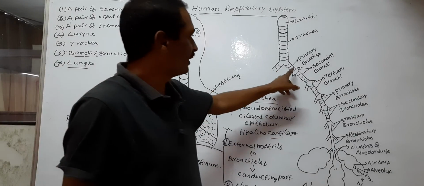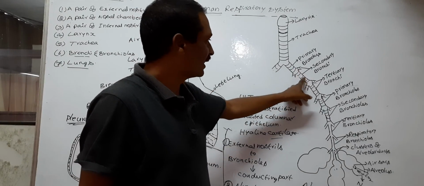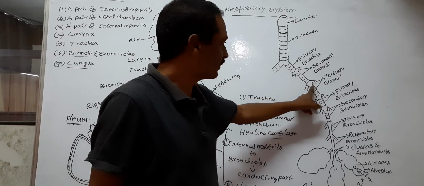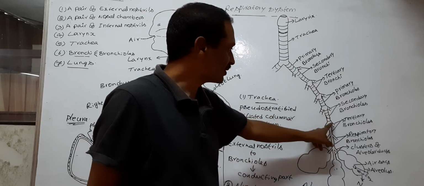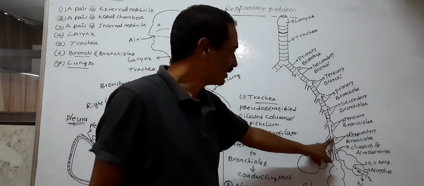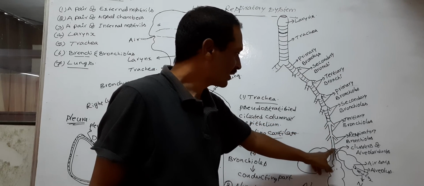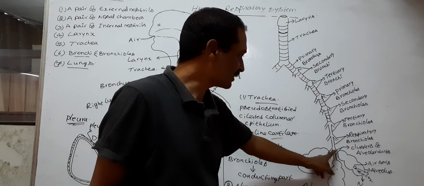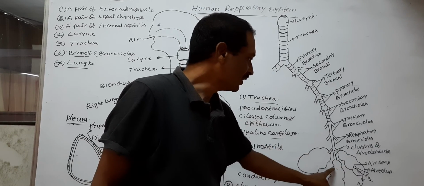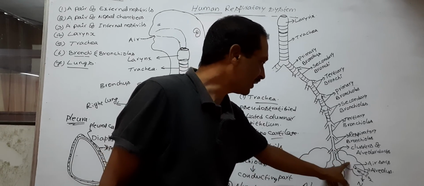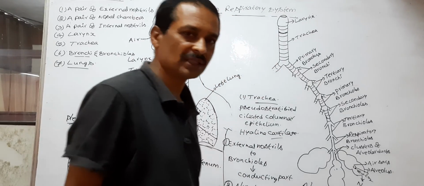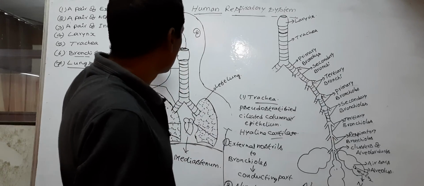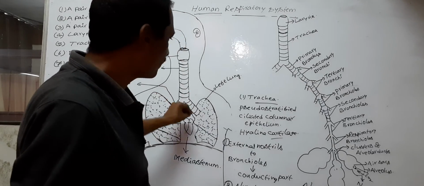Next, primary bronchi, secondary bronchi, tertiary bronchi, primary bronchioles, secondary bronchioles, tertiary bronchioles, respiratory bronchioles, clusters of alveolar ducts, and enters into air sacs. From there, it enters into alveoli. So oxygenated air travels through these parts.